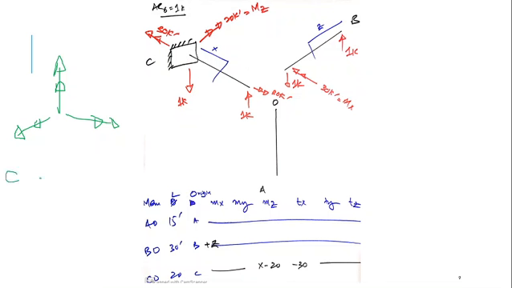These are all counterclockwise moments. This is X, this is Z, and this is Y. The 1 kip load is acting in Y direction, the member is in Z direction, so the moment would be in X direction. Moving this 1 kip towards this O, it forms an anti-clockwise moment.